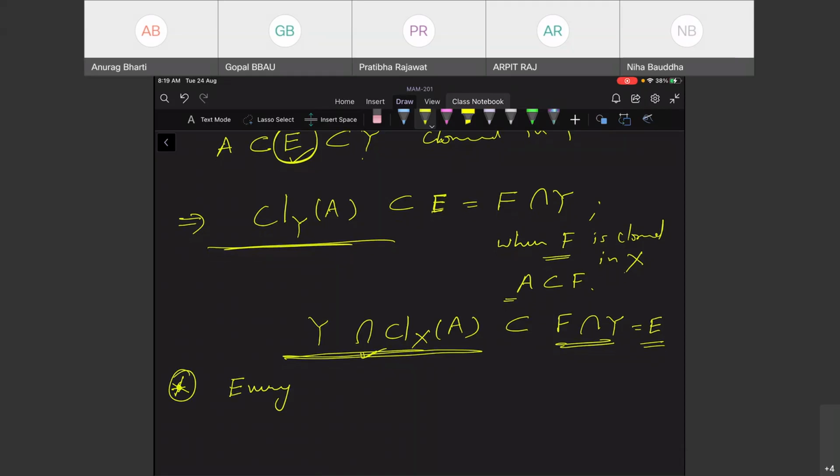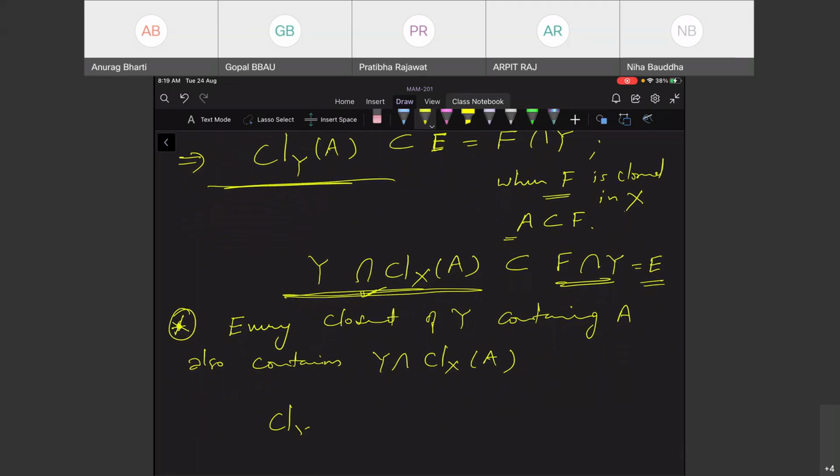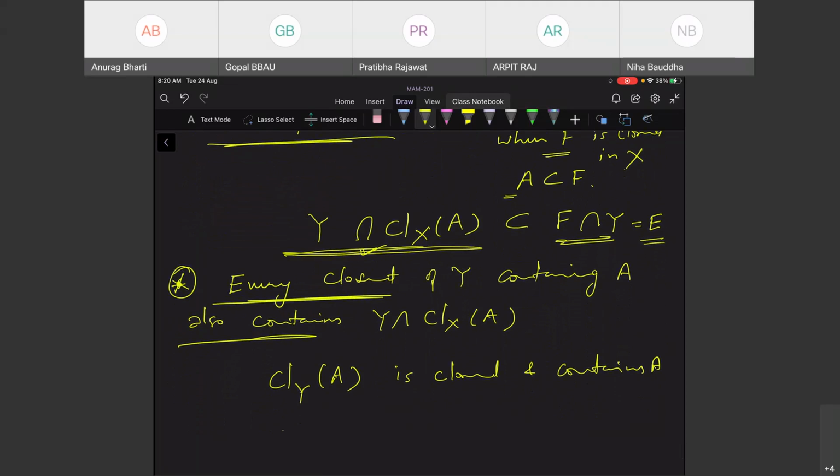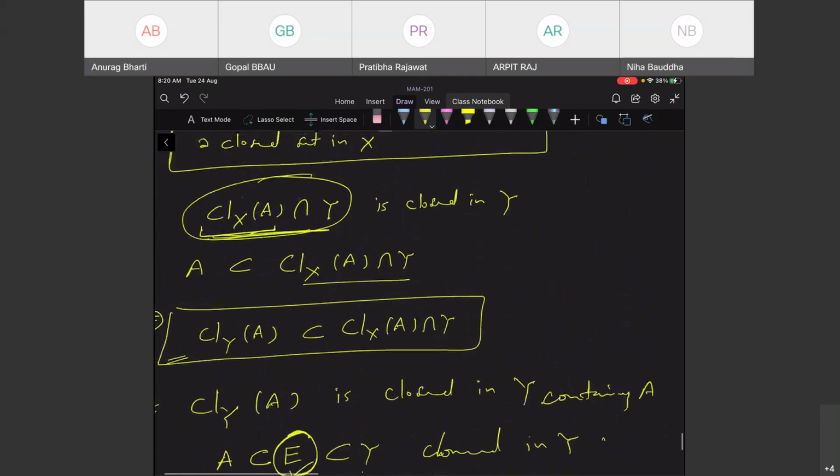You have proven that if a closed subset of Y containing A also contains Y intersection closure of A in X. But you know, closure of A in Y is closed and contains A. So by this observation, you get Y intersection closure of A in X is contained in closure of A in Y. Now we have proven another part.